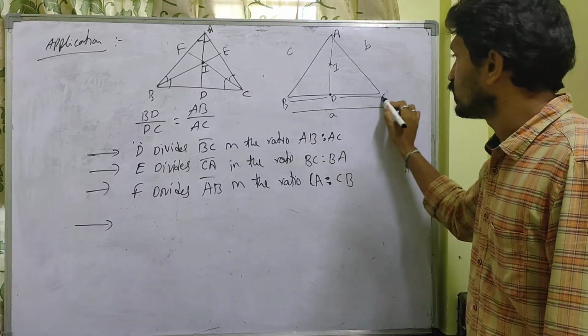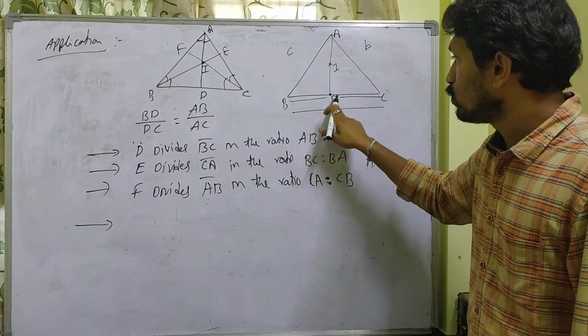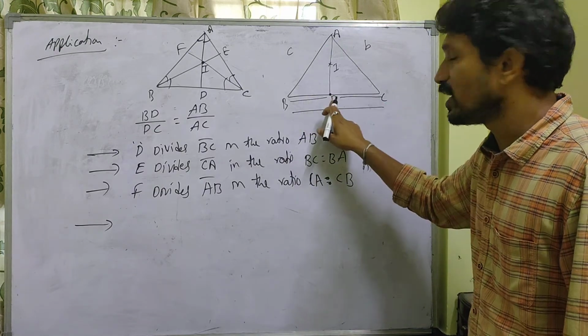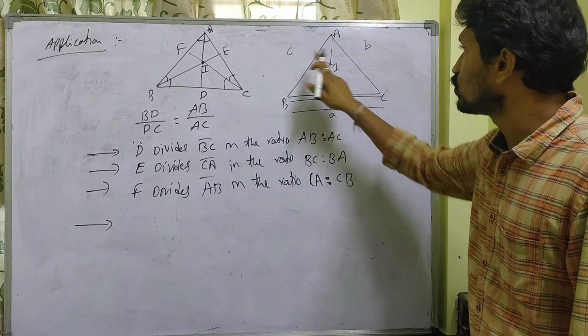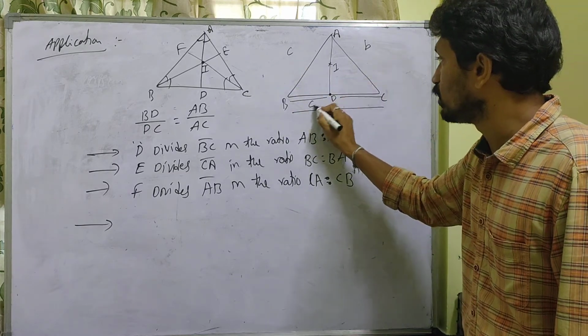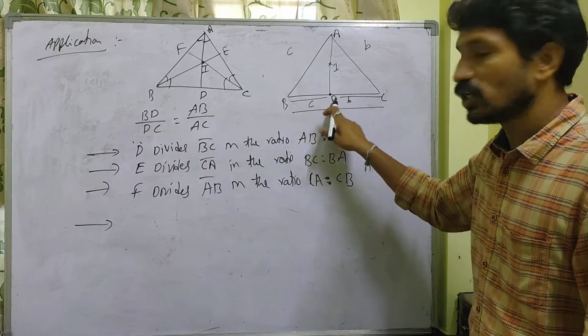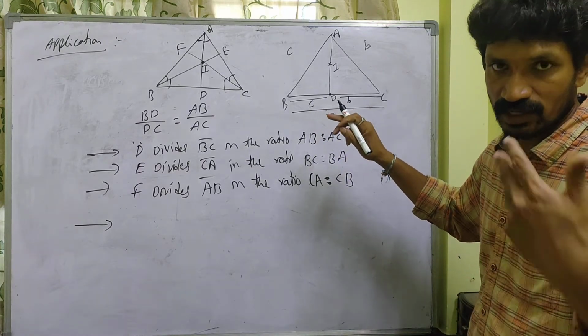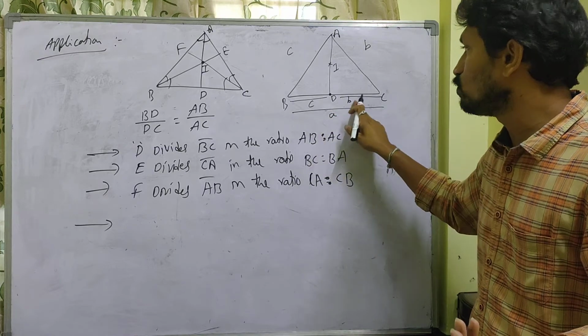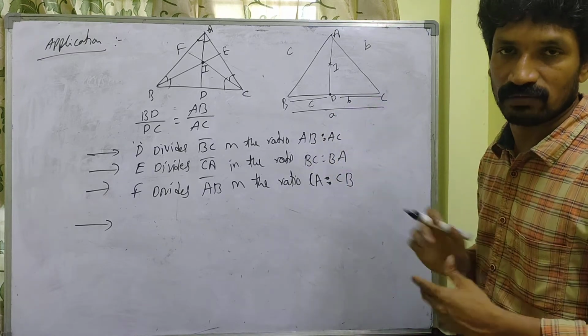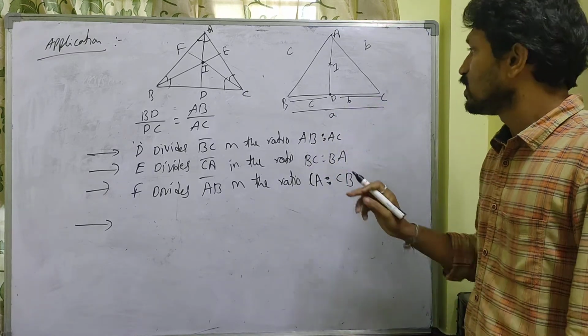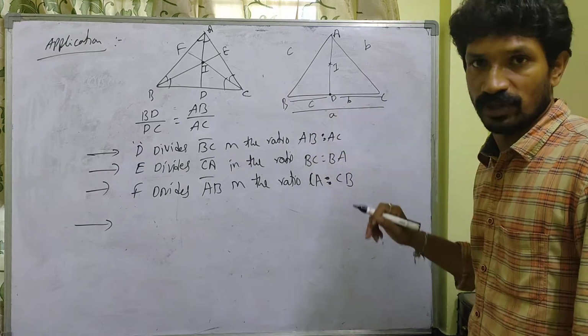What about this length? What I told you is that AD divides, that means D divides BC in the ratio of the other two sides. That is c is to b, that is CB. C is to b means you can write, if you want, ck is to bk, where k is the common factor. So just go for c is to b.